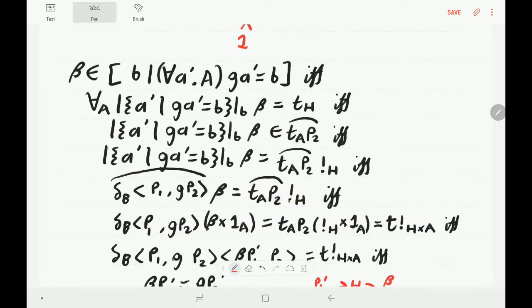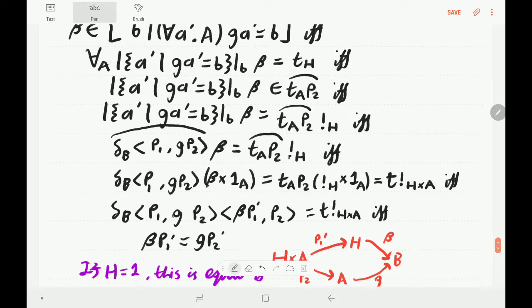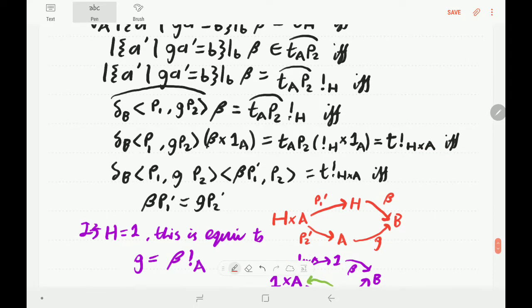If we transpose both sides, we get that delta B of P1 comma GP2 of beta times 1A equals true after exclamation mark H times A. And we can clean that up to basically say that beta P1 dash equals GP2 dash.